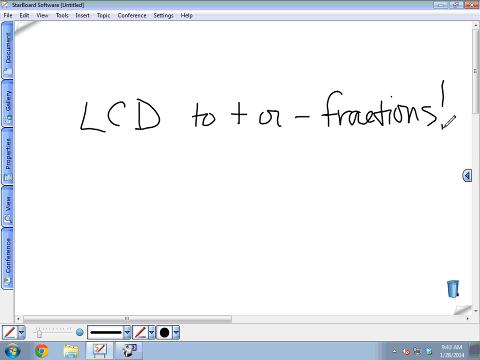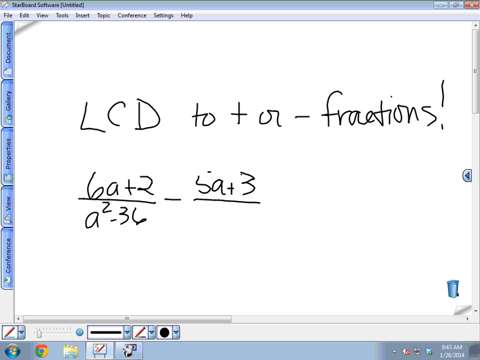Okay, number 10, for example, you have 6a plus 2 over a squared minus 36 minus, oops, that's a 2, 5a plus 3. Now this one, look at this, a squared minus 36. They have the same exact denominator. All I have to do is subtract the numerator from the first one.